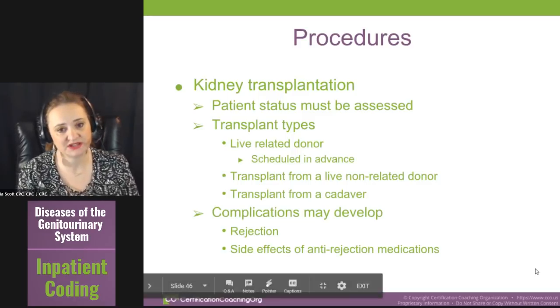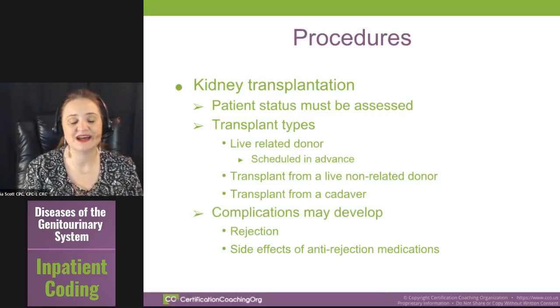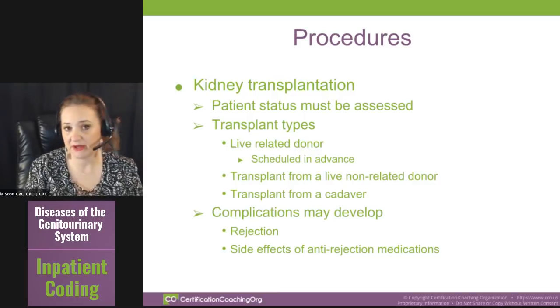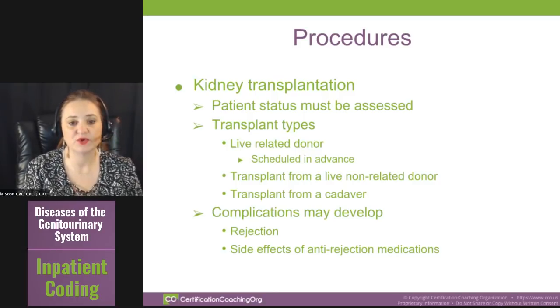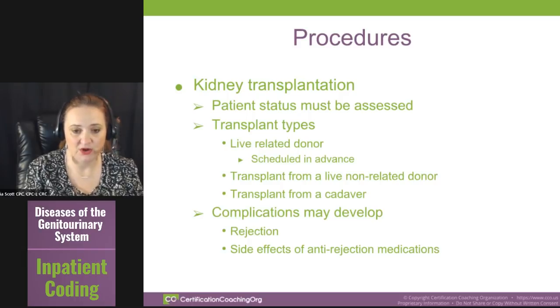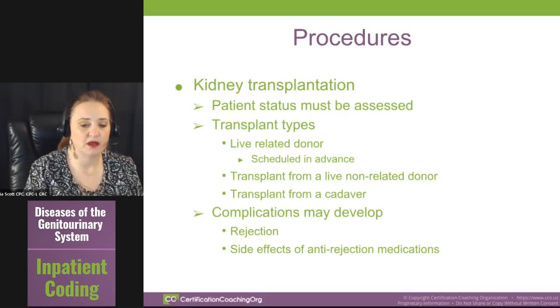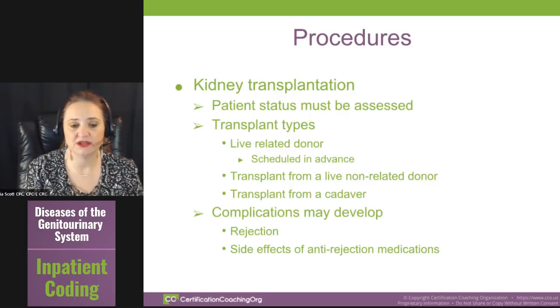Then, of course, we have kidney transplant. There is a status code for kidney transplant that will follow the patient from then on. There's more than one type. You can have a live related donor, or a live non-related donor, or a transplant from a cadaver. And so again, there are different codes associated with each of these.